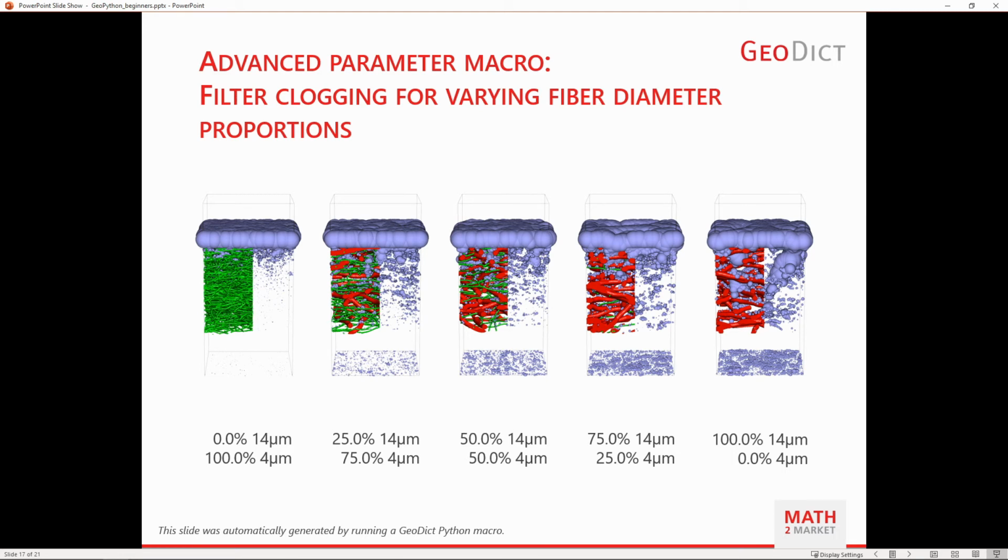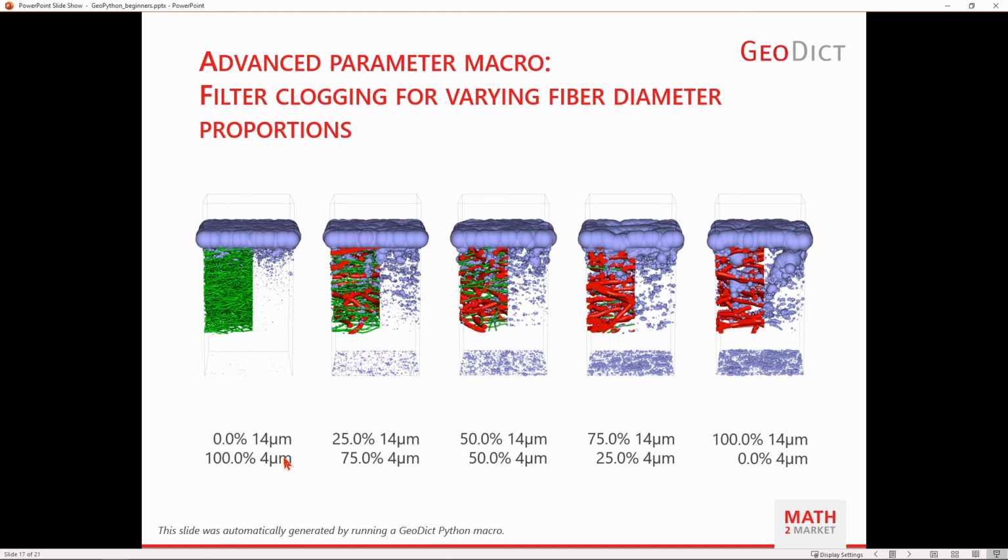nice way. This slide and the following slide are generated by a Python macro after another macro generated the corresponding parameter study. So here fiber structures with varying fiber diameter proportions were generated. The total solid volume percentage stays the same, but the proportional percentage of the 2 fiber types varies.